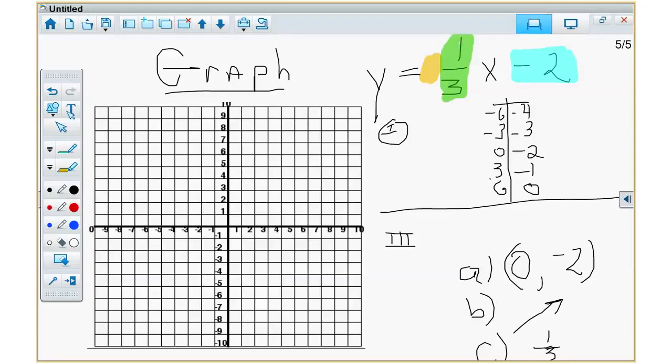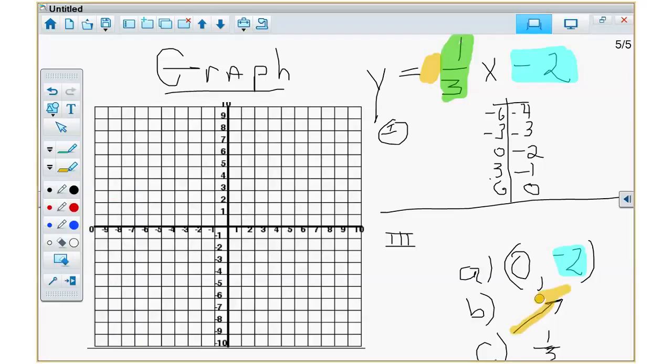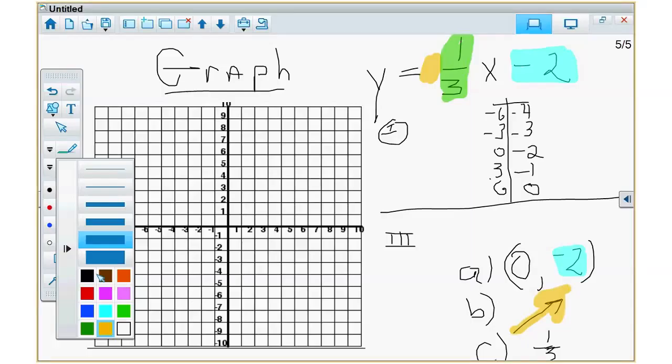So, take my handy dandy highlighter. Blue gives us that number right there. Yellow gives us this. And green, verde, gives us this.